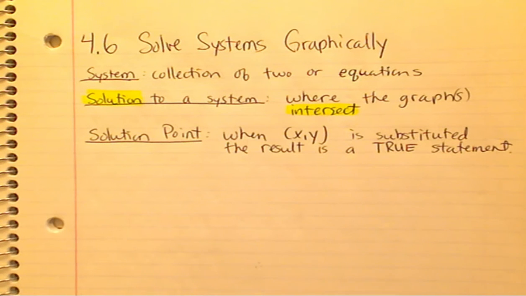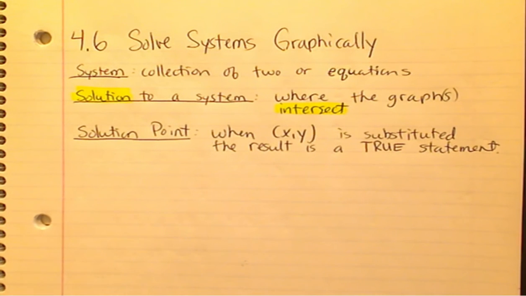When you were in Algebra 1, you graphed linear systems, and you had one solution when the two lines crossed once. You had no solutions if the lines didn't cross at all. And you had infinite solutions if you had the same line.